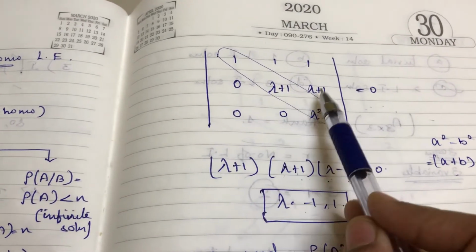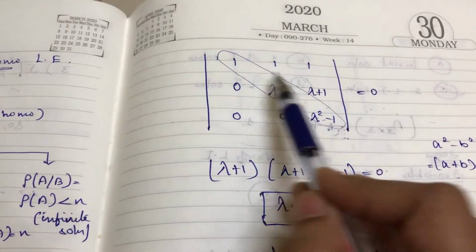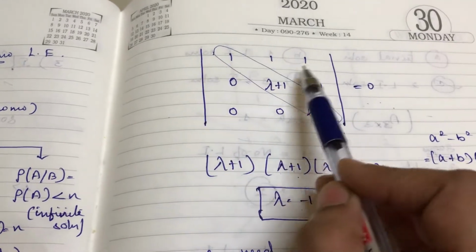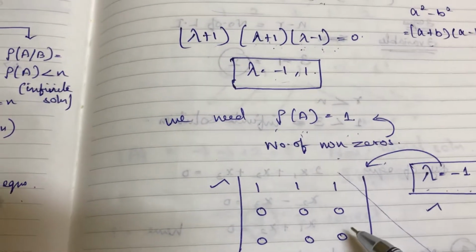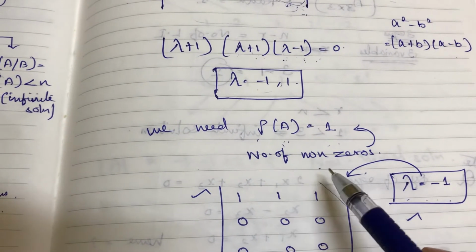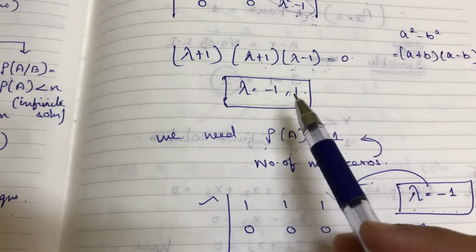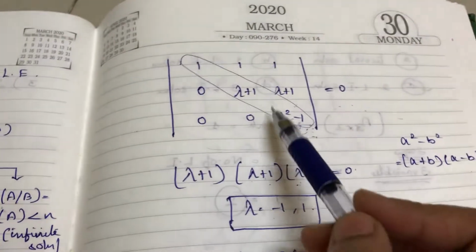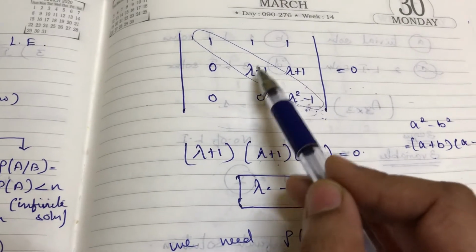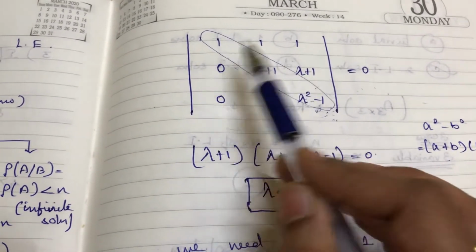So these three elements will be 0, and only 1 is remaining, that is rank 1. Only 1 non-zero row. So the number of non-zero rows is 1 and the rank is also 1. We can't put 1 here because then this would become 2, right? But we want 0 here.